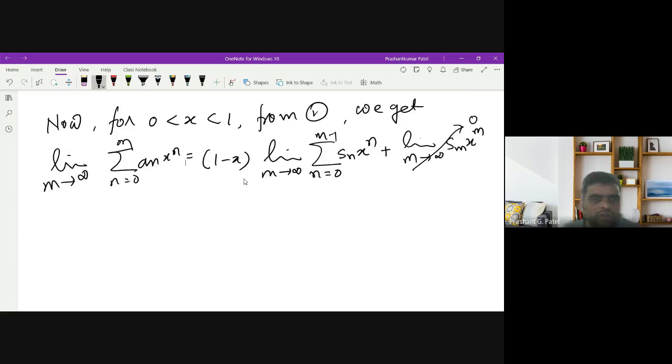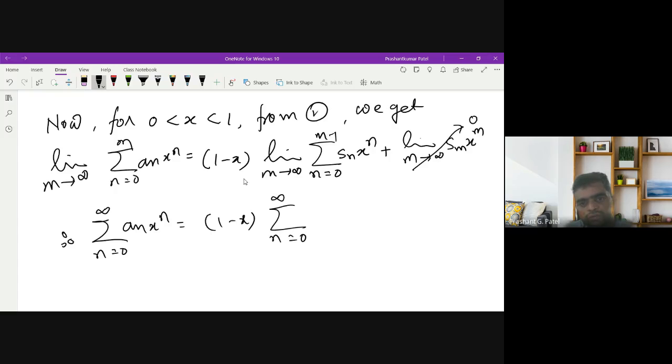and this quantity now becomes 1 minus x into the summation n running from 0 to infinity, because as m tends to infinity, m minus 1 is tending to infinity. So we'll have this, and what is this function on the right hand side?